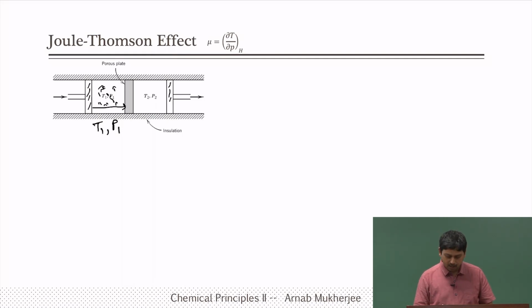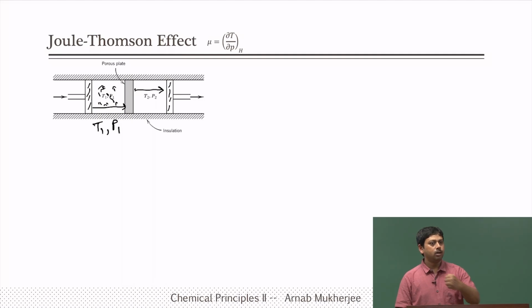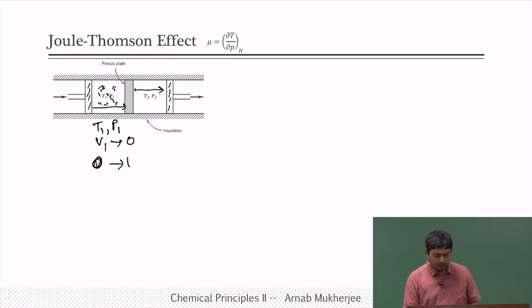Initially the piston was here and then it has gone up to this much. Is it clear now? Initially the gas was in the left chamber at temperature T1 and pressure P1. You push the gas through the porous membrane to the other side, creating a different temperature T2 and a different pressure P2. In the process the volume went from V1 to 0, and on the right hand side the volume went from 0 to, let us say, V2, correct.